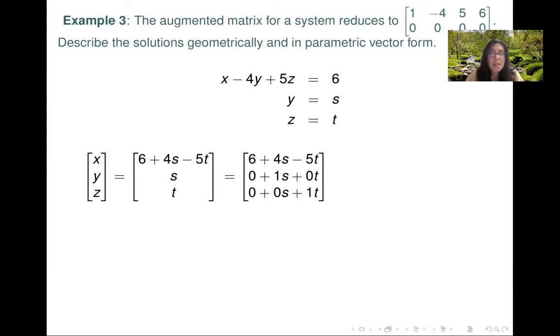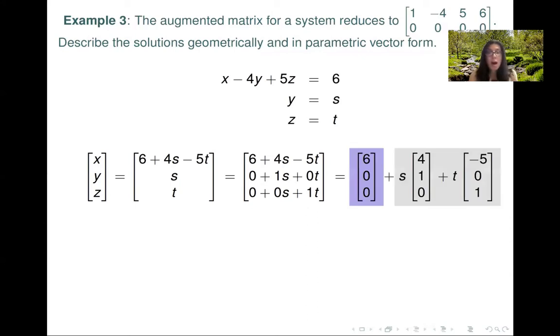And for z, that's 0 plus 0s plus 1t. And now I can find my constant vector, my vector that s multiplies, and my vector that t multiplies. So I know that the parametric vector solution is the vector 6, 0, 0 plus s times the vector 4, 1, 0 plus t times the vector negative 5, 0, 1.